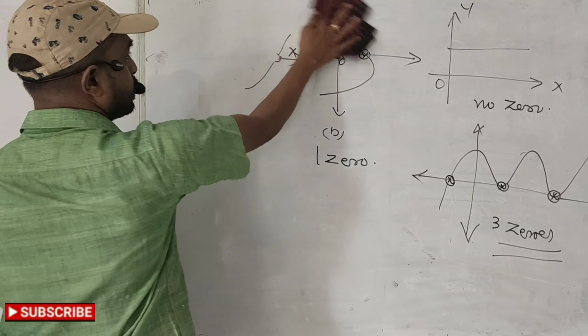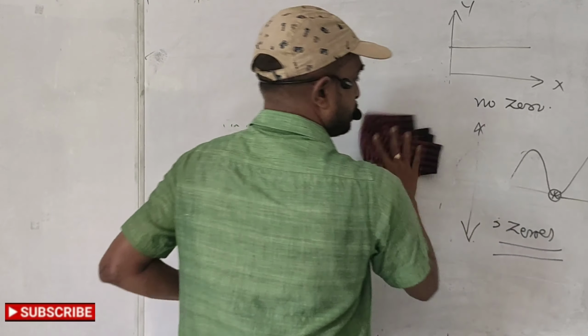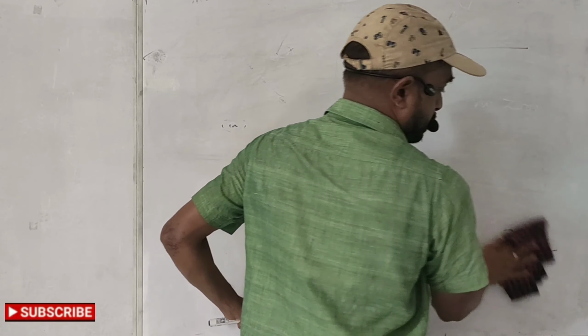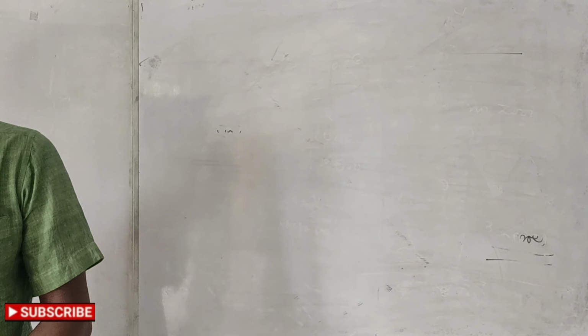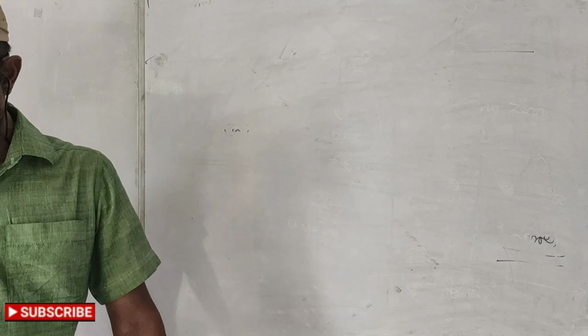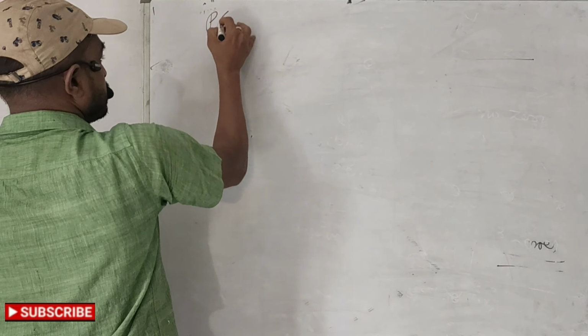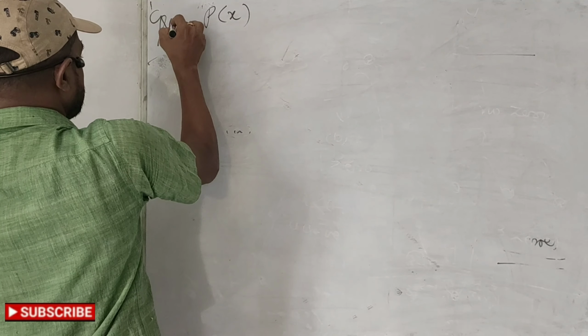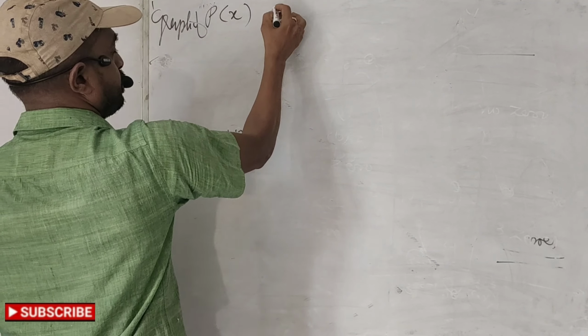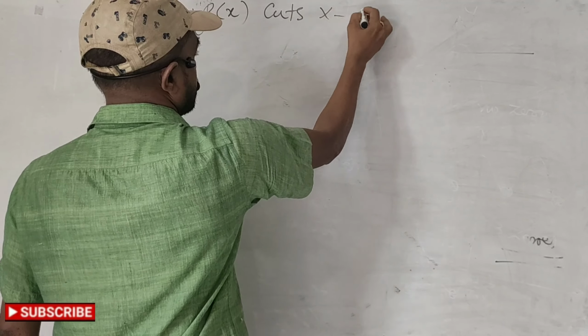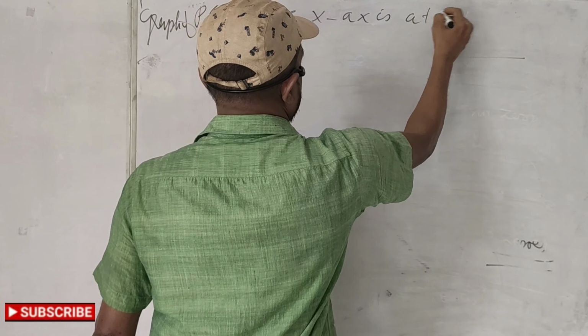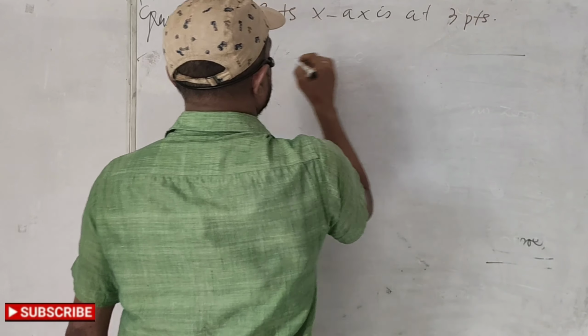Now let us consider one more board examination question. See, the graph of a polynomial intersects the x-axis at three distinct points. The graph of p of x cuts the x-axis at 3 points.